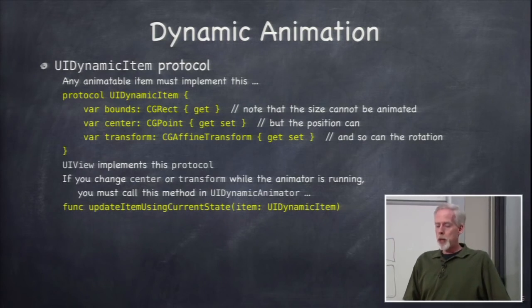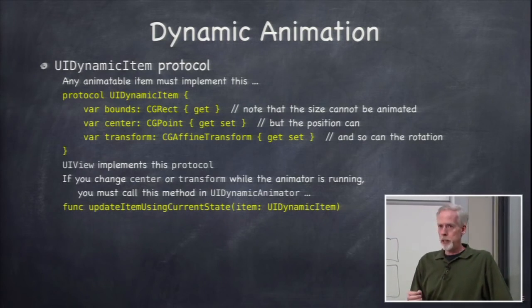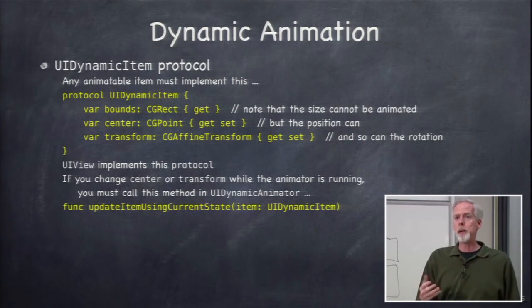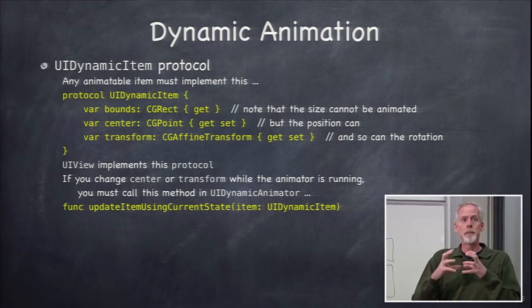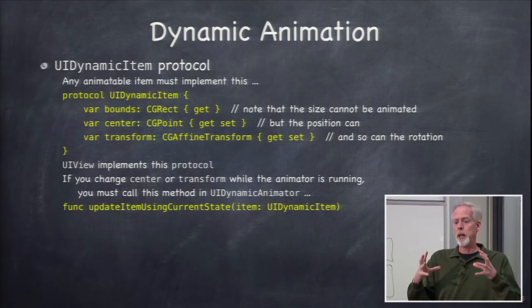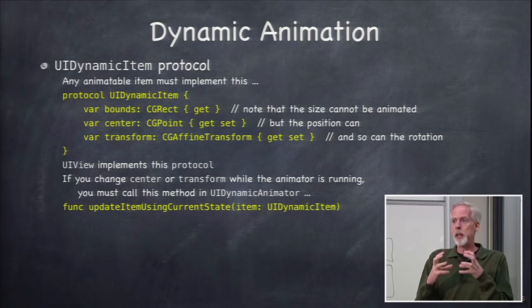That protocol I was talking about, UIDynamicItem, that UIView implements, it just has 3 properties. Bounds, this is read-only. So that means the animator cannot animate the size of something, because the bounds part of the protocol is read-only. So the 2 animatable properties are the center, that's the position of the thing.